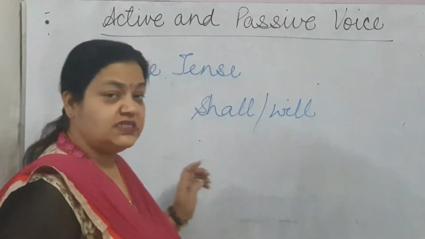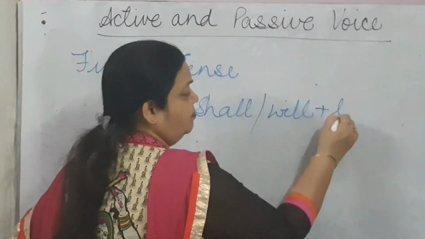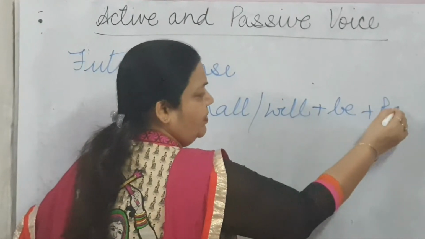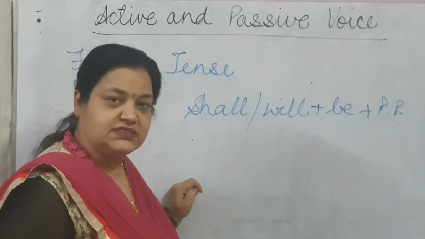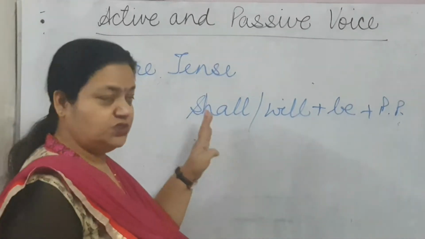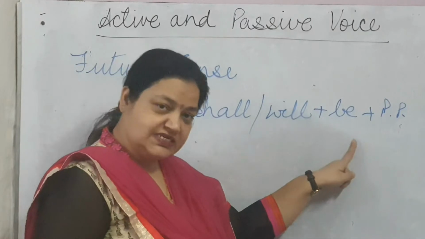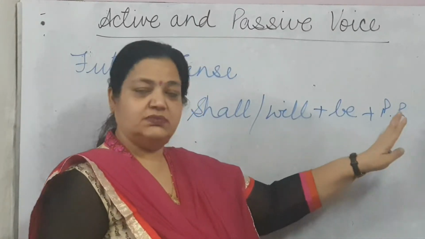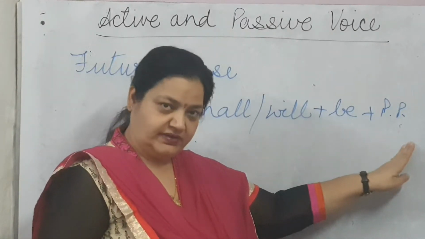And then how do we change it? We simply add be to it and the past participle is added. The verb is changed with shall or will depending upon the usage or the person, first person, third person, and the word be is added and the past participle is there.